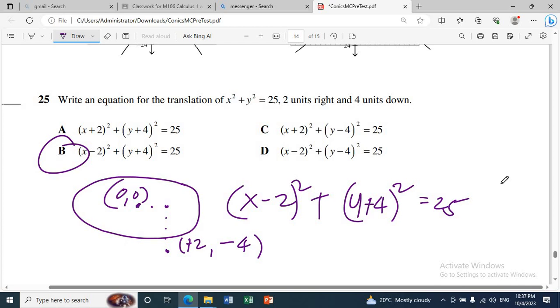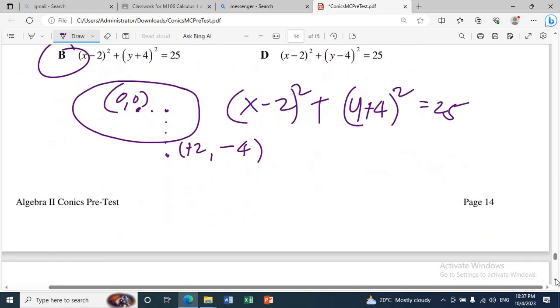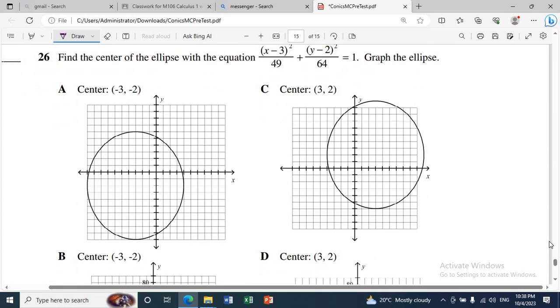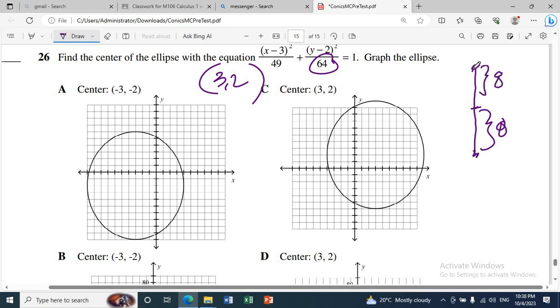And finally, last item, number 26. Find the center of the ellipse. The center is at 3, 2. Ah, that's easy. This is the major axis, in the denominator of y, so it is vertical. 64, the square root of 64 is 8. So this is 8, and the total length of the major axis is 16.